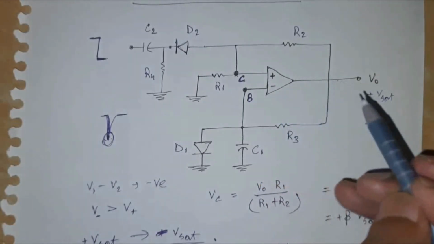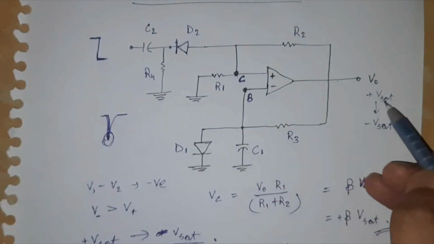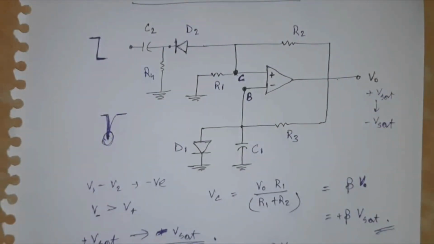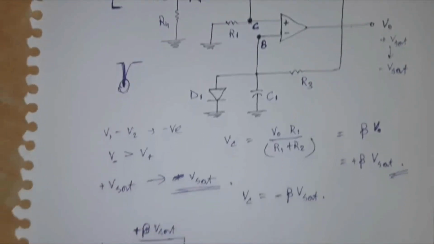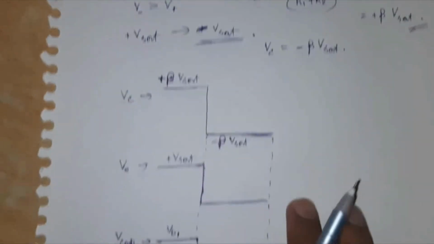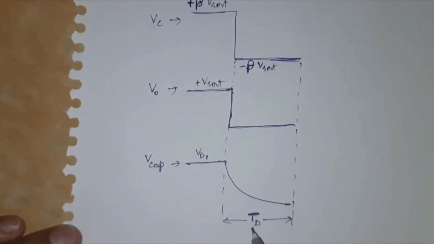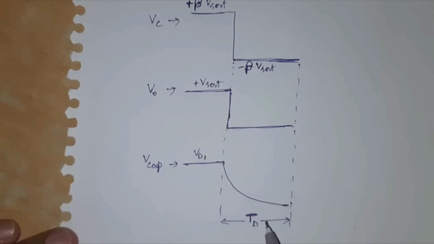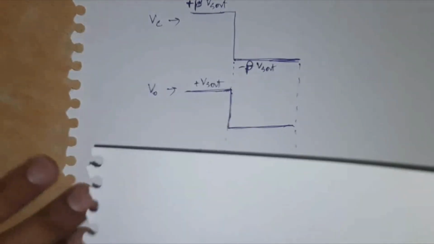So again, that will transition to plus VSAT. So by carrying out the mathematical treatment, let us see what is the value of this time TD, the discharge time.